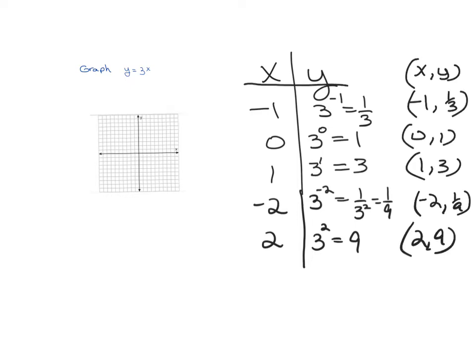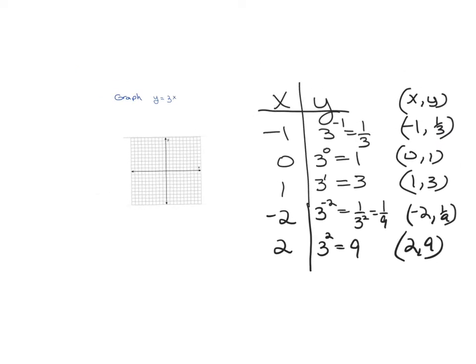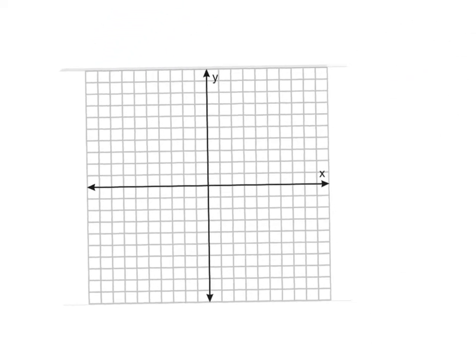So I could take these ordered pairs and go over to my coordinate plane, and I'm going to graph these points. So again, the one that's always going to be here is this (0, 1). I had the (1, 3), the (2, 9), the (-1, 1/3), and (-2, 1/9).